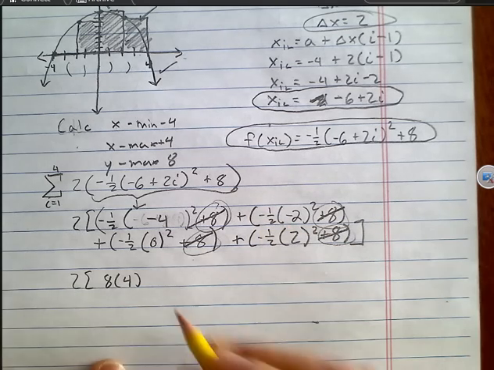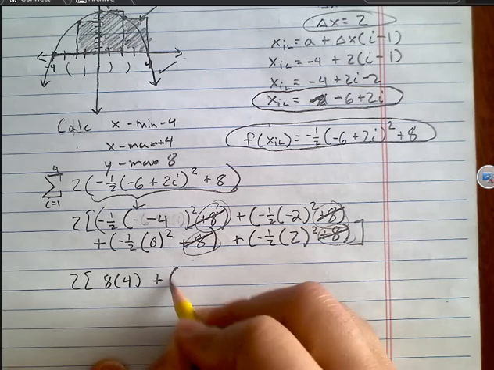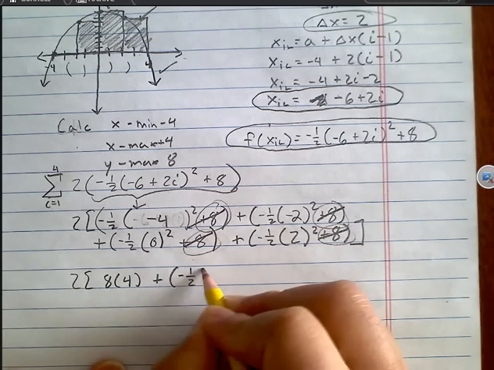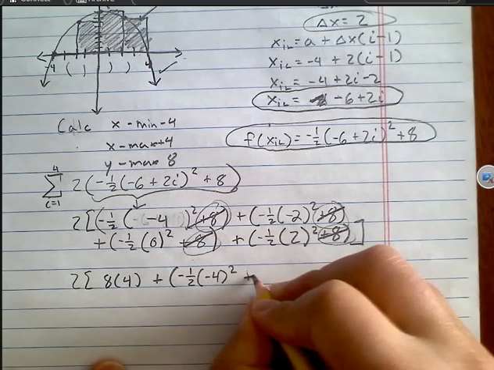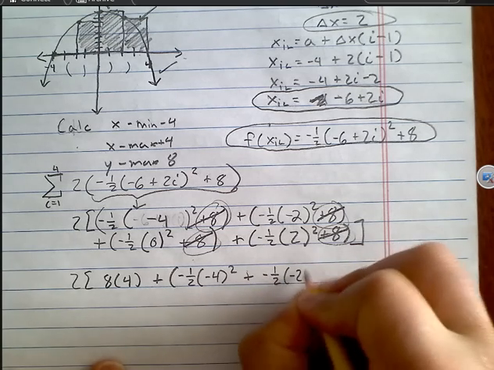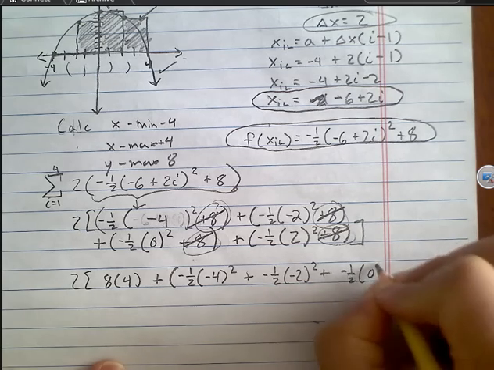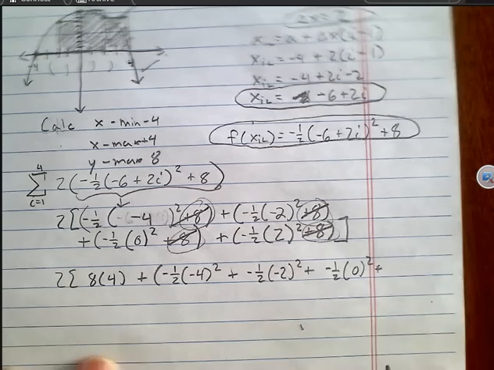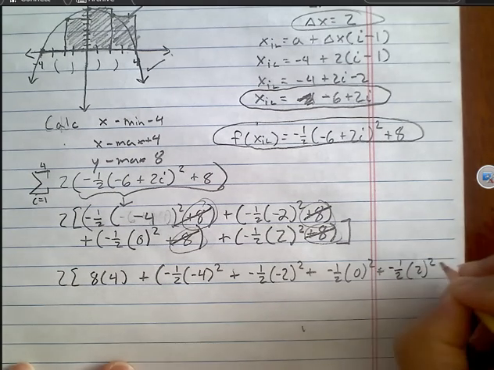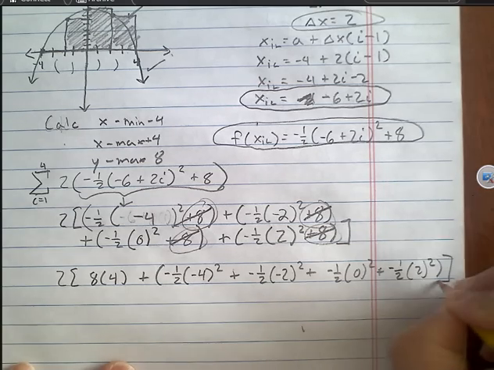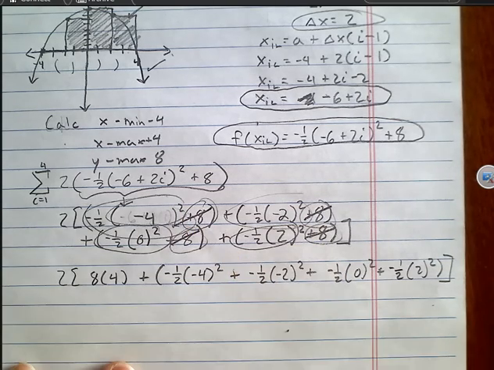Alright, and so now I'm left with adding a bunch of negative 1/2 times negative 4 squared plus negative 1/2 times negative 2 squared plus negative 1/2 times 0 squared plus negative 1/2 times 2 squared. And that is what I'm left with. See right there? Alright, so I rewrote everything.